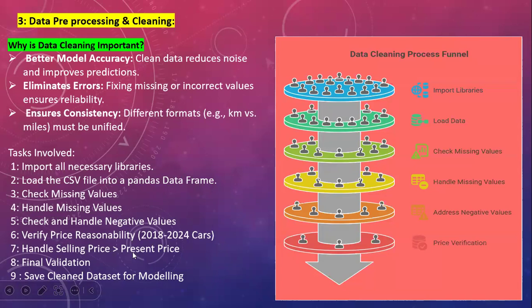This is also an unrealistic condition, since the selling price should not be more than the present price. Finally, it will validate once again to confirm the data set is pre-processed and clean, and save it in an updated CSV file for the modeling step.